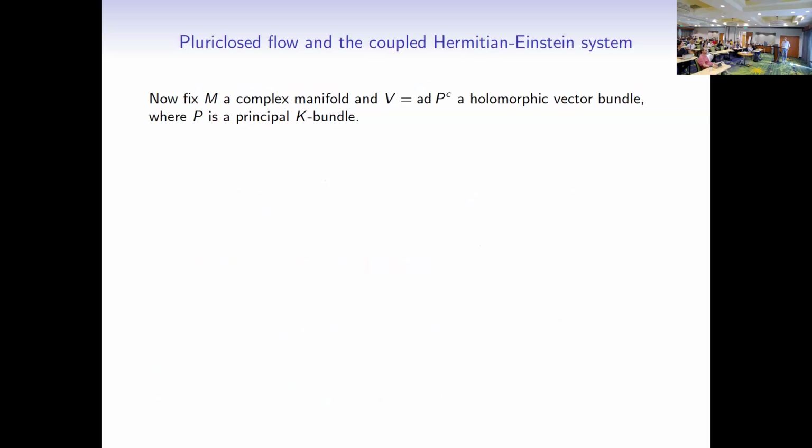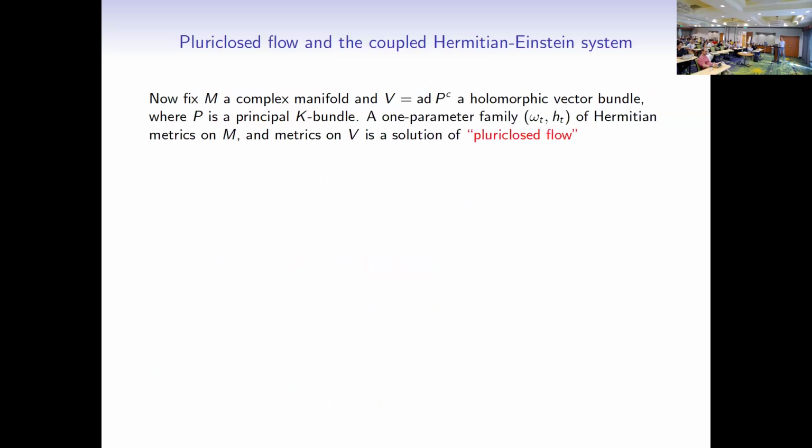So let me go back to the setting of the Hull-Strominger system. I'm going to call a 1-parameter family now of Hermitian metrics ω on the base, and Hermitian metrics h on this auxiliary vector bundle, a solution of, quote unquote, pluriclosed flow. I'll explain in a second. If we have the following system of PDEs: ω is evolving by what we expect from pluriclosed flow, this (1,1) part of the Bismuth-Ricci form, and then minus some special quadratic expression in terms of the Yang-Mills curvature.